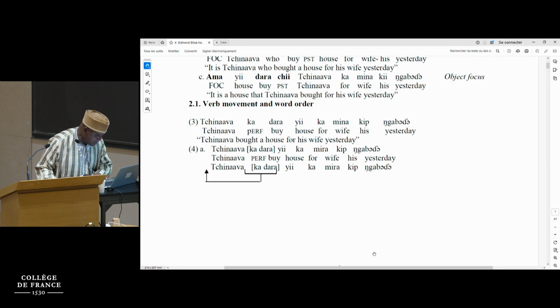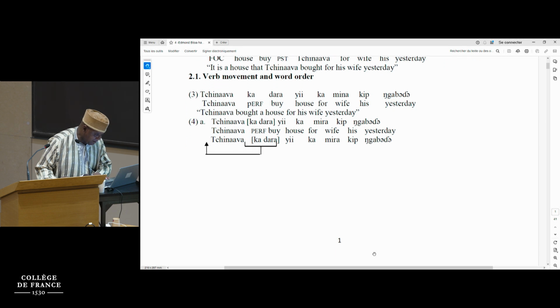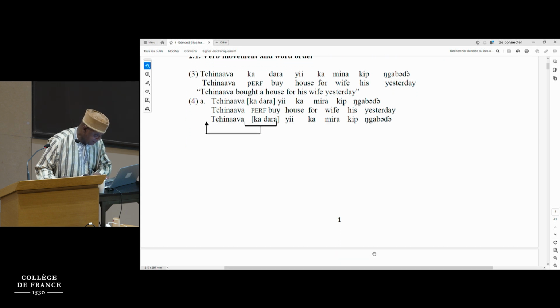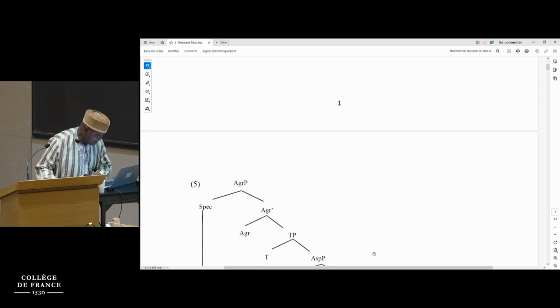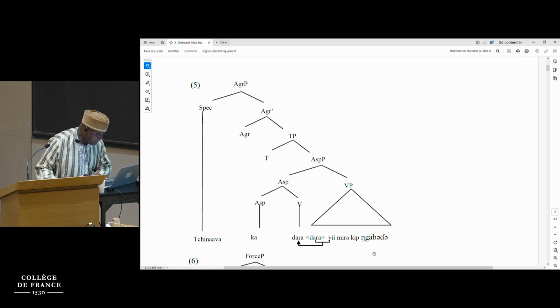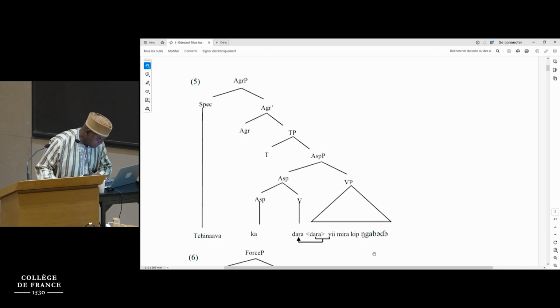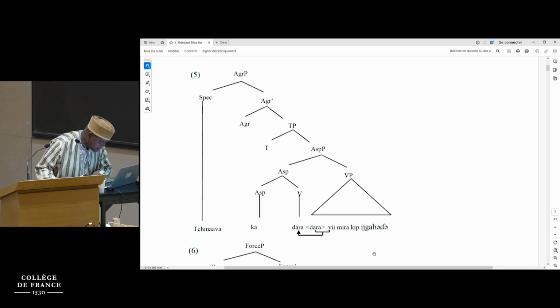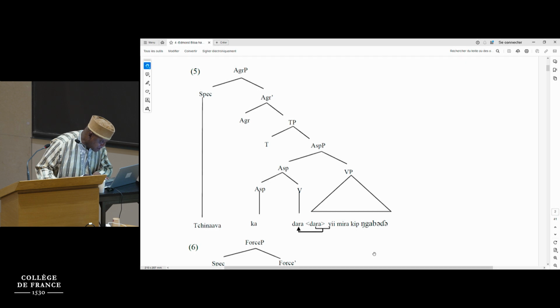Let's go down faster. So you have on 5, the verb dara adjoins to aspect, following what Abo and Diakonova called aspect licensing.